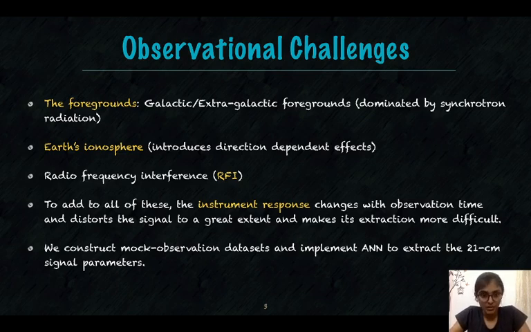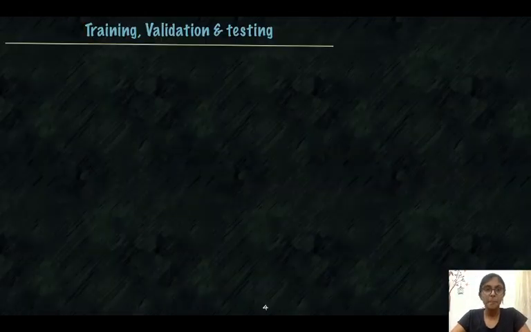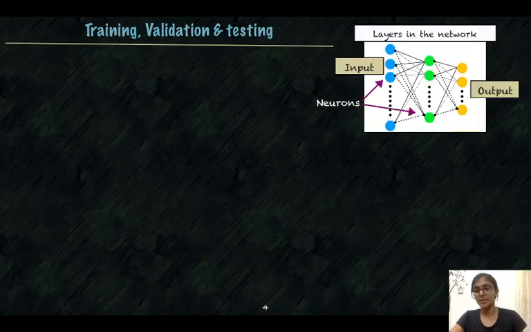What we do in our work is we construct mock observations and implement artificial neural networks to extract the 21 centimeter signal parameters. I'll briefly tell you about the training, validation, and testing methods which we use. This is the structure of a neural network. We have input neurons. All these circles are the neurons.